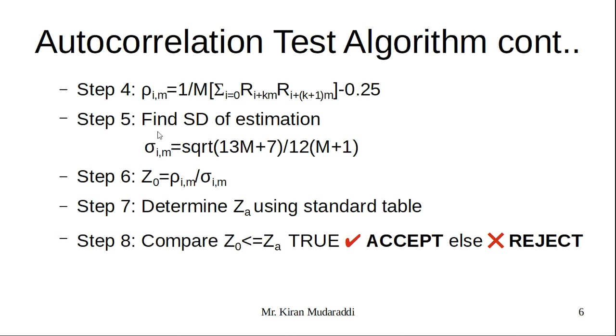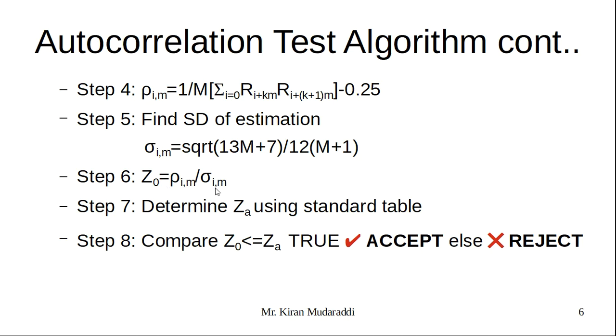Similarly, step 5 is finding the standard deviation of the estimation: sigma of im is equal to the square root of (13M plus 7) divided by 12 into (M plus 1). Once we calculate rho of im and sigma of im, we can easily calculate z naught, which is equal to rho of im divided by sigma of im.